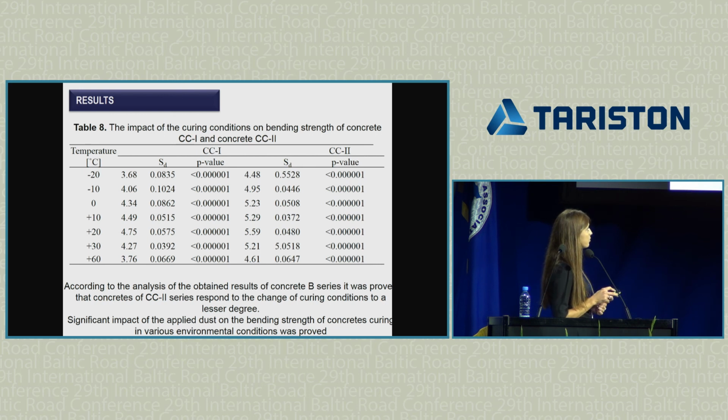Here we can see the parameters of the concrete CC2, and here the parameters of the concrete CC1 in other temperature after research in concrete B. A significant impact of the applied dust on the bending strength of concrete curing in various environmental conditions was proved.